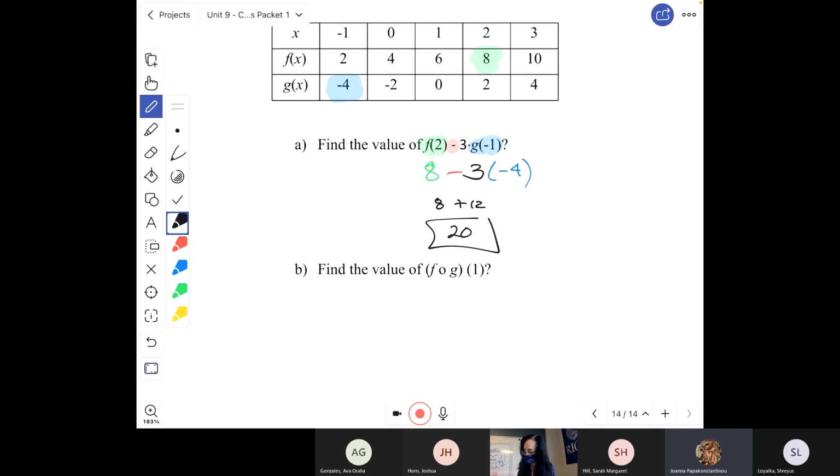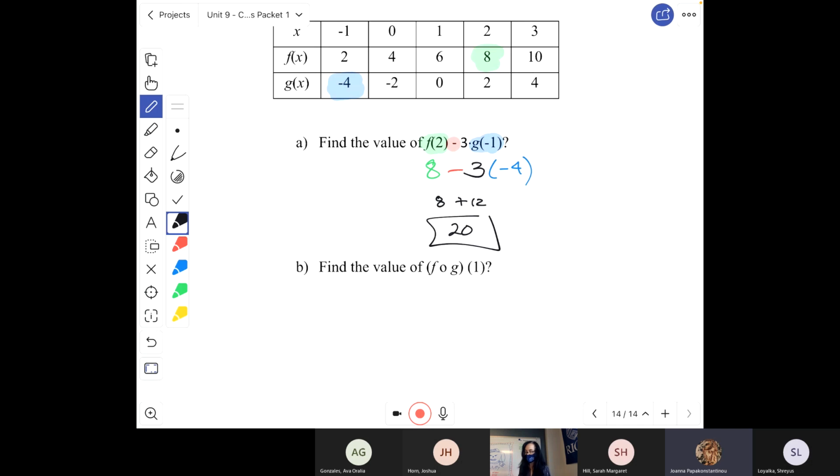What are you being asked to do in the next one? Composition. So you're being asked to find f of g of 1. I made these up this morning. So what am I going to do here?